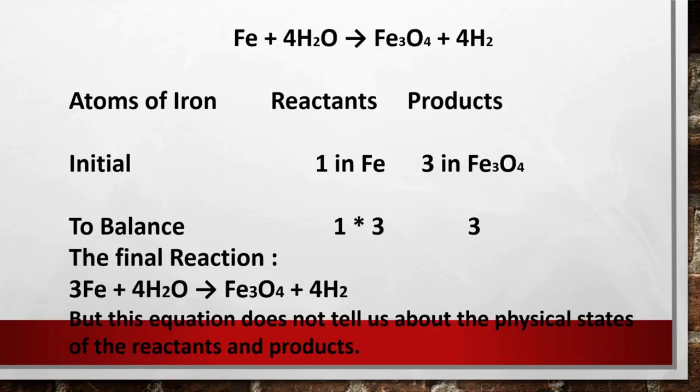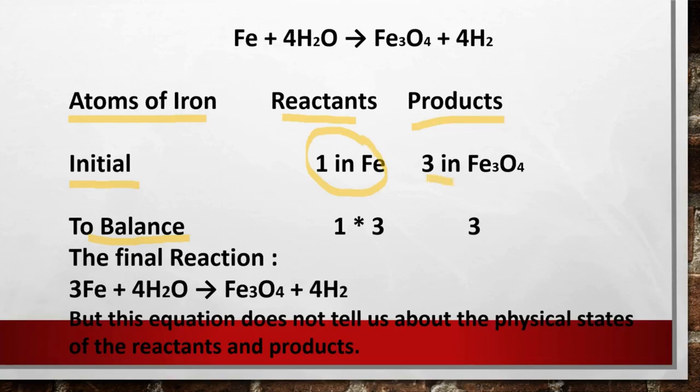Again we will write number of iron atoms on the left hand side, and towards the right we will again make 2 columns and write reactants and products. Below the number of iron atoms, again I will write the initial number and to balance how many are required. So as you can see, initially on the reactant side there is only 1 iron atom, as we have counted earlier also.